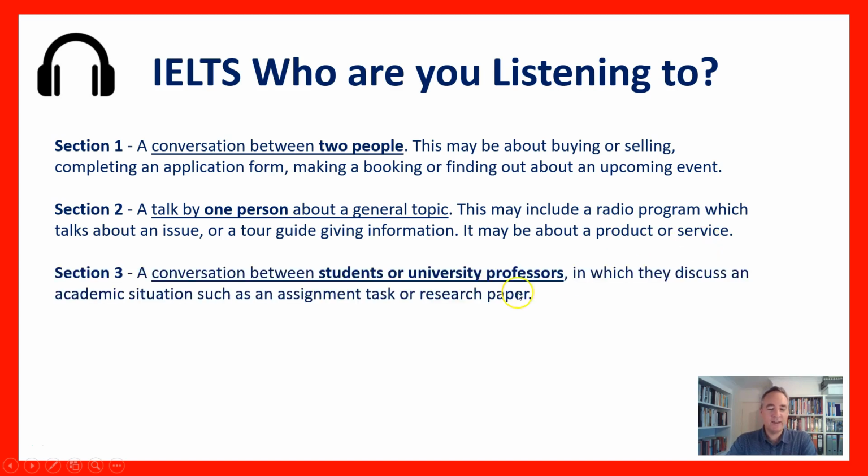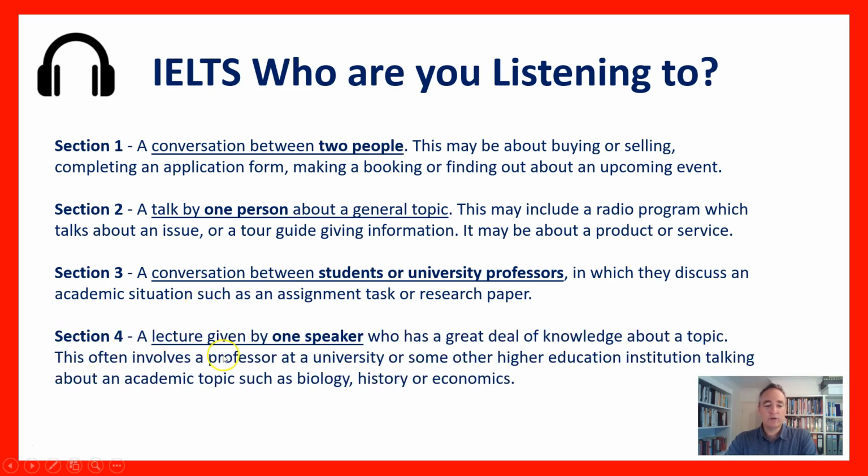Section 3, again, is a conversation between students or university professors in which they discuss an academic situation, assignment, task, research paper. So when you know it's section 3, you've got to be ready for that academic environment, that academic context. And section 4 again is academic, which is a lecture given by one speaker who has a great deal of knowledge about a topic.